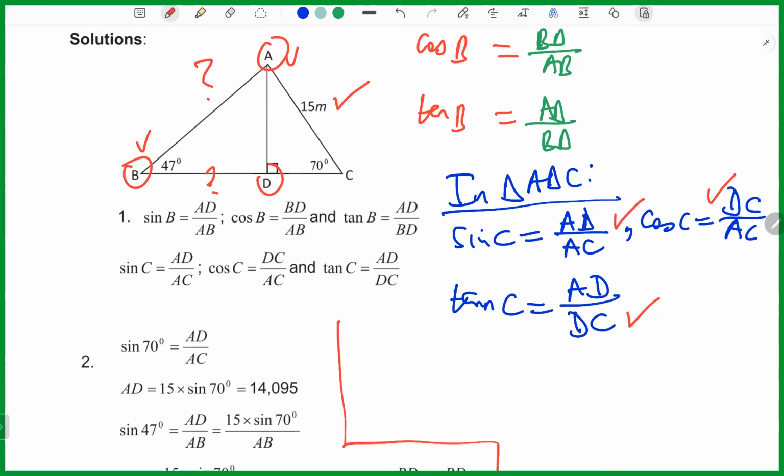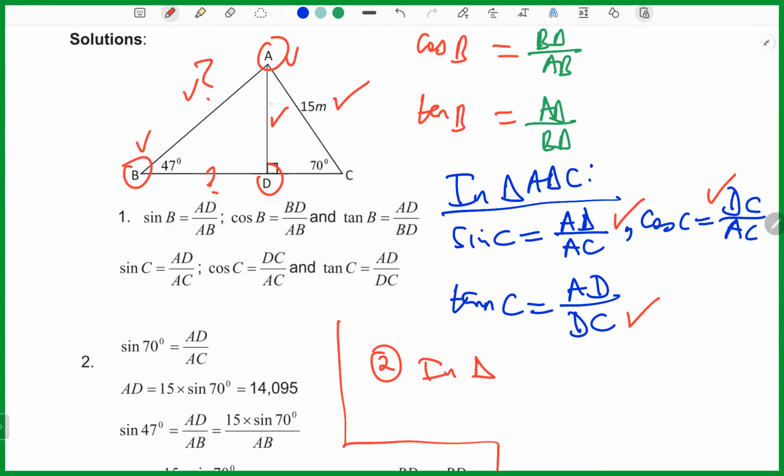We're going to use any of the trigonometric ratios. One way is to get this side AD. If we get AD, then we can use that constructively to get the others.